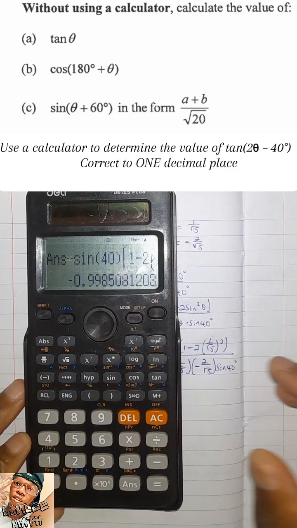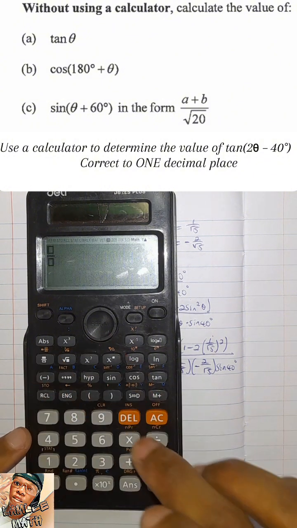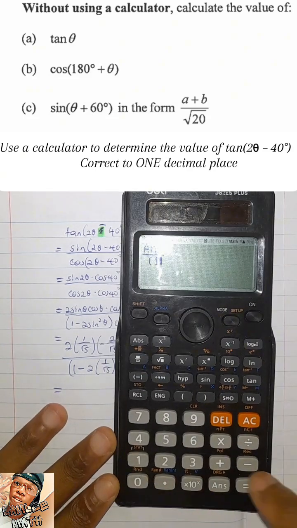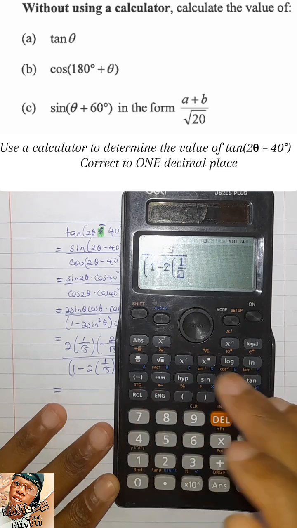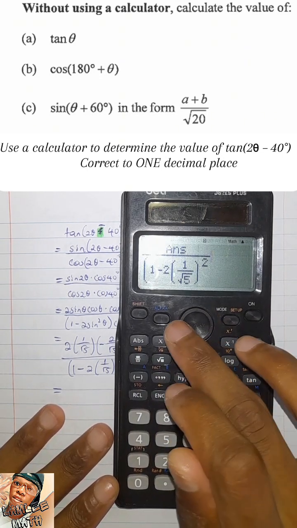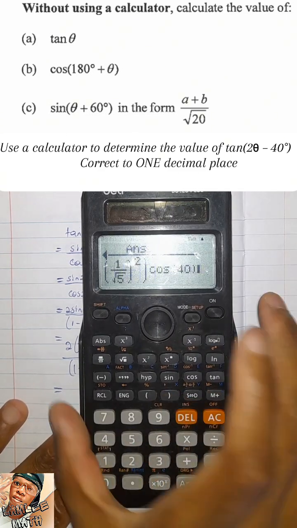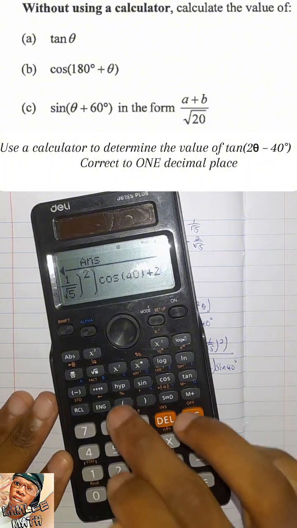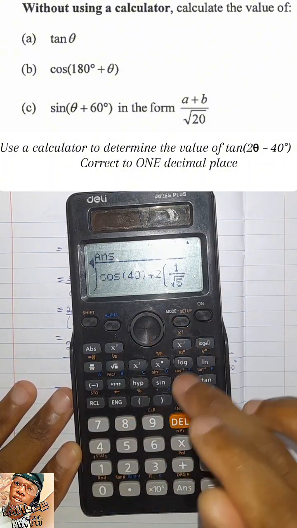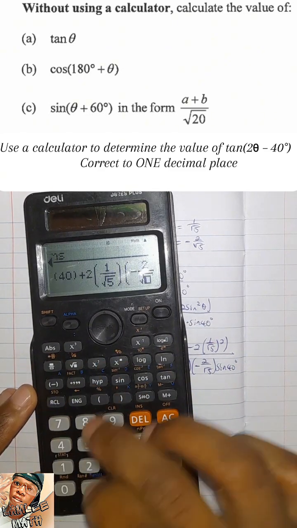Okay, this is the answer, right? Negative 0.998 whatever. This answer divided by, I'm just going to press everything as a whole, 1 minus 2 multiplied by 1 over root 5 squared, multiplied by cos 40, and then plus 2 multiplied by 1 over root 5 multiplied by negative 2 over root 5. I hope that you can see that.